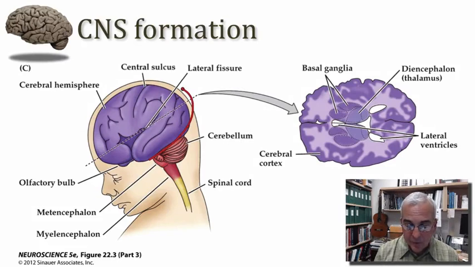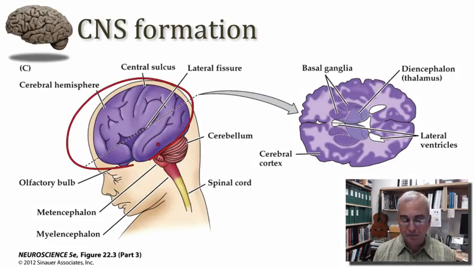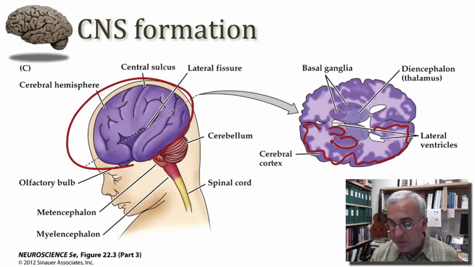So this is, of course, the telencephalon. And if we were to look at this forebrain in cross-section, what we would see is not only an outer cortex developing in this telencephalic vesicle, but also we would see deep gray matter. And that deep gray matter, of course, is the basal ganglia.